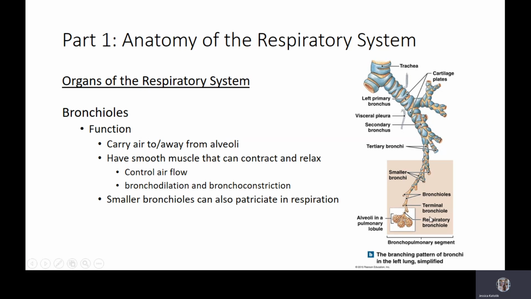The smallest bronchioles over here, where we have the respiratory bronchioles, are not going to have cartilage around them, and they are actually going to change the type of tissue within them. They're going to have simple squamous epithelium, and this will start the gas exchange occurring. All right, that's it for bronchioles.